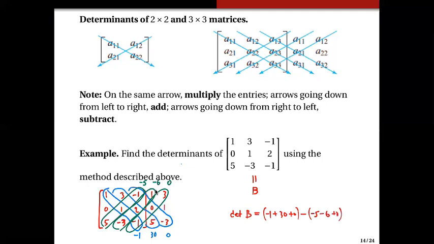So what do we get? Here we will have 29 minus, here we will have negative 11. And 29 plus 11 is equal to 40. So this is the same number that we obtained earlier.